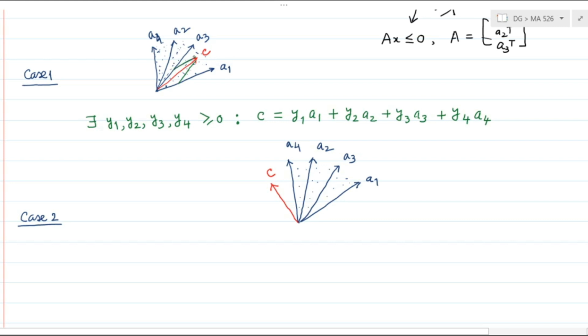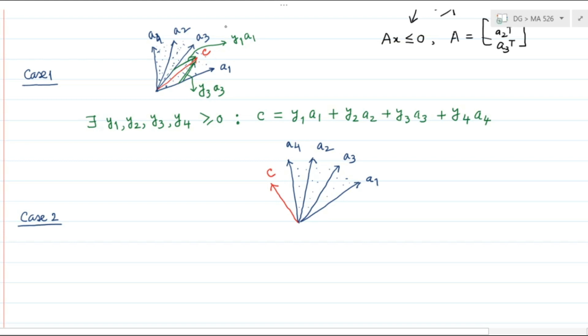So if this green vector is your y1 a1, a non-negative multiple of a1, because this is parallel to a1, and this other green vector is y3 a3. Obviously y1 and y3 are non-zero and positive quantities, as this is the diagonal of this parallelogram, and therefore C can be written as y1 a1 plus y3 a3, where y1 and y3 are non-zero and positive.